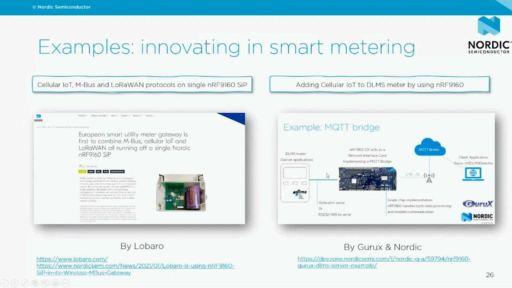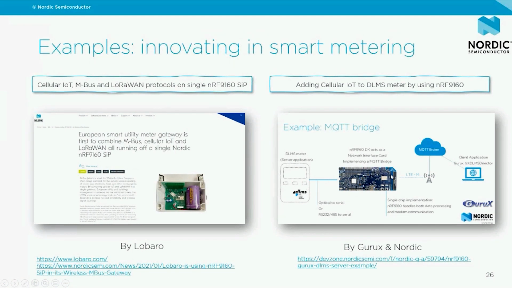We also have a solution by Gurux where they have basically taken a traditional meter with DLMS wired connectivity, connected that to the nRF9160 on our development kit, and then created an MQTT bridge.